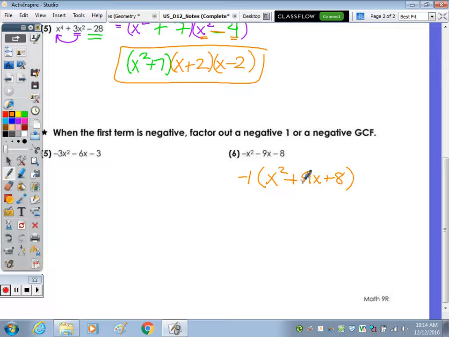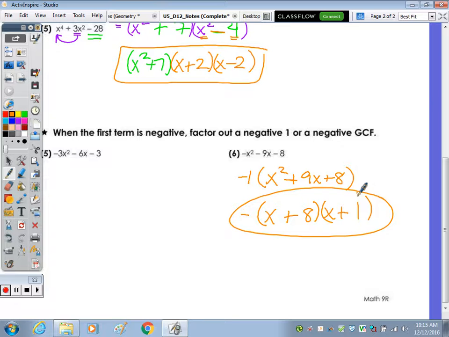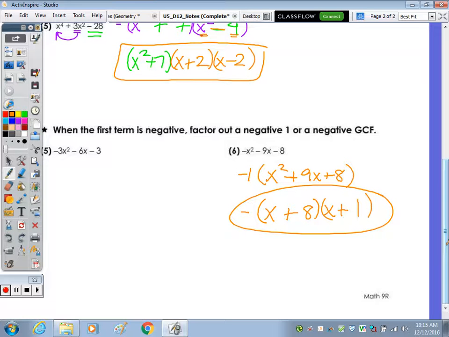Okay? Are there factors of 8 that combine to 9? Yeah, 8 and 1. So bring down the negative 1, or just bring down the negative. You don't have to write the 1. So it'd be x times x. 8 times 1 is 8, and 8 plus 1 is 9. Signs are both positive as they multiply to a positive and add to a positive.